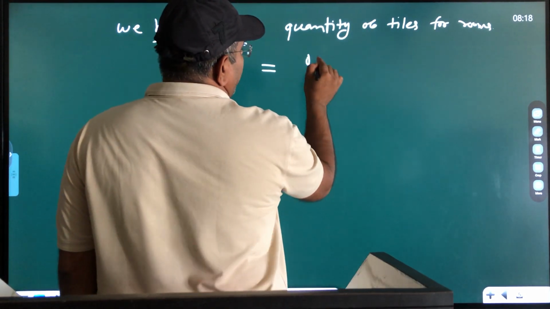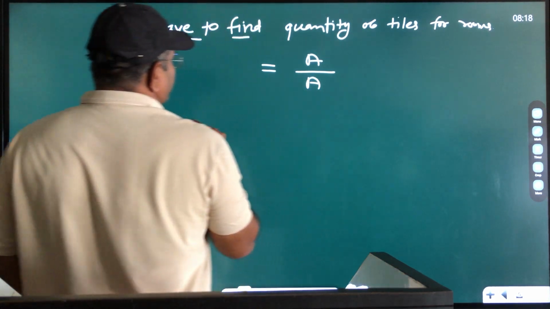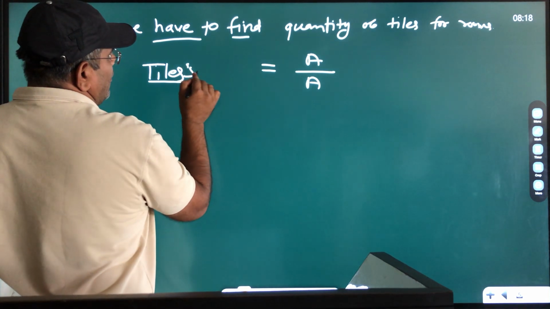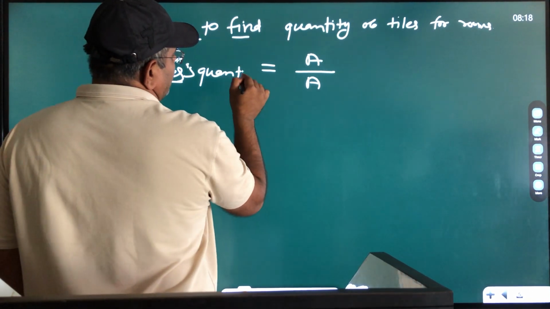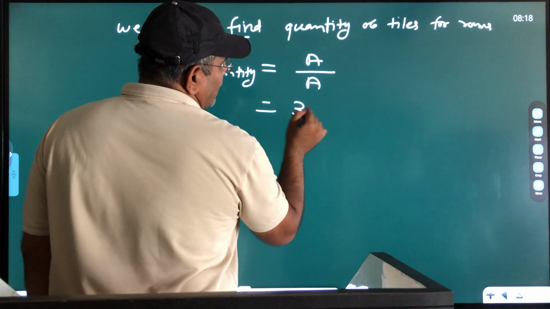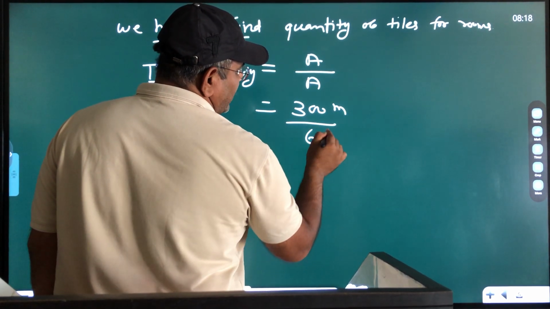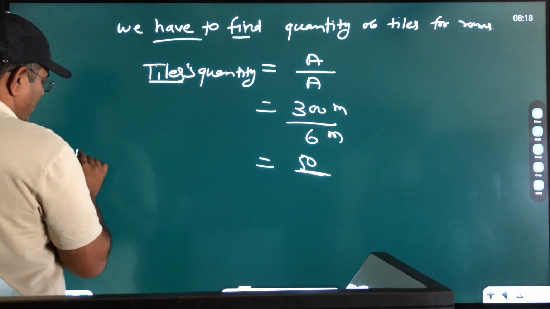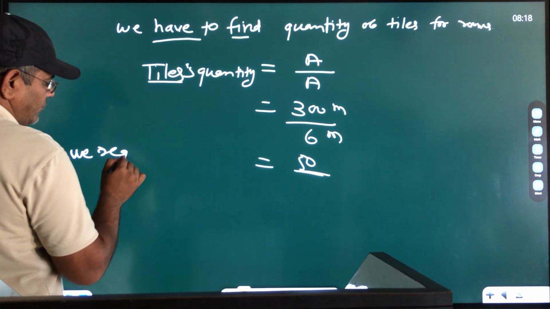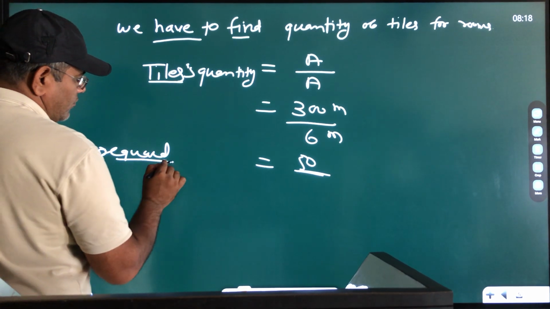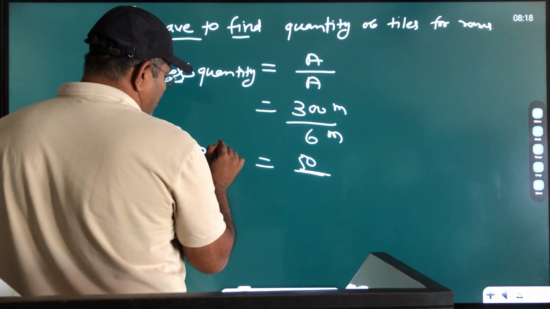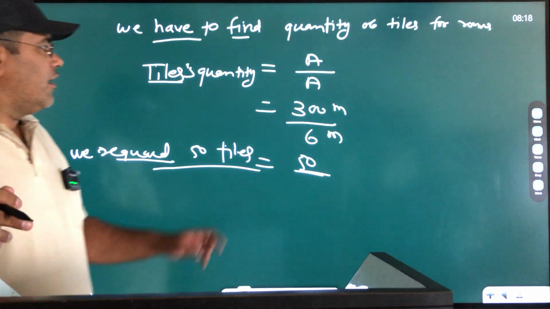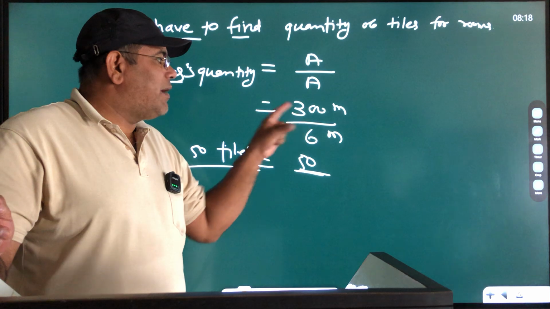So in that condition, area divided by area means the tiles quantity. It means 300 meter divided by 6 meter. So the answer will be 50. It means we require 50 tiles for a room.